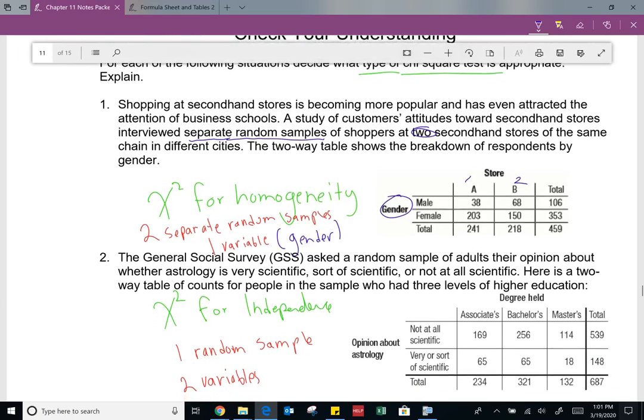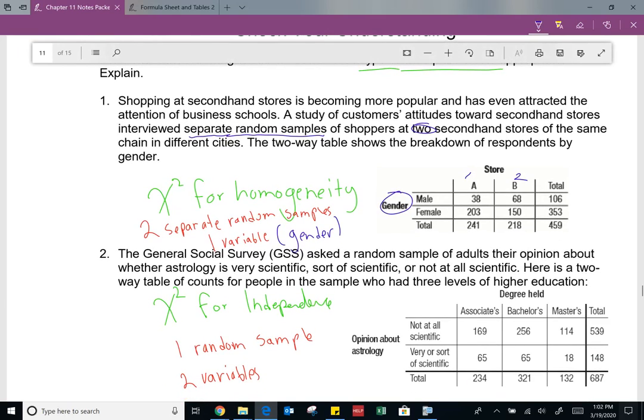The General Social Survey asked a random sample of adults their opinion about whether astrology is very scientific, sort of scientific, or not at all scientific. Here is a 2-way table of counts for people in the sample who had 3 levels of higher education.